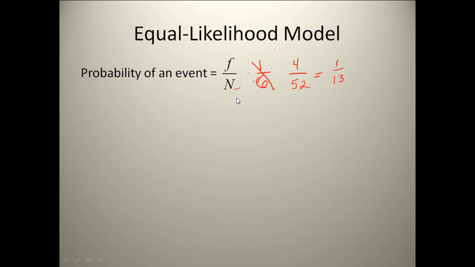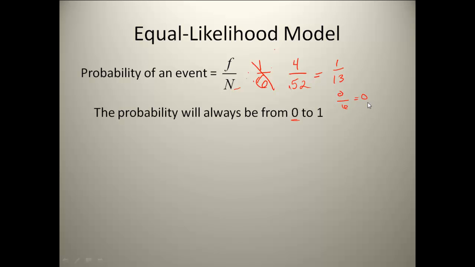One thing to keep in mind is that your probability will always be from 0 to 1. If you have a probability of 0, that's an indication that it is impossible, will not happen. So if I have just a regular 6-sided dice and I ask what's the probability of rolling a 7, well, there are 0 ways to roll a 7, and there's 6 options. 0 out of 6 is 0, so it's impossible to roll a 7 on our 6-sided dice.